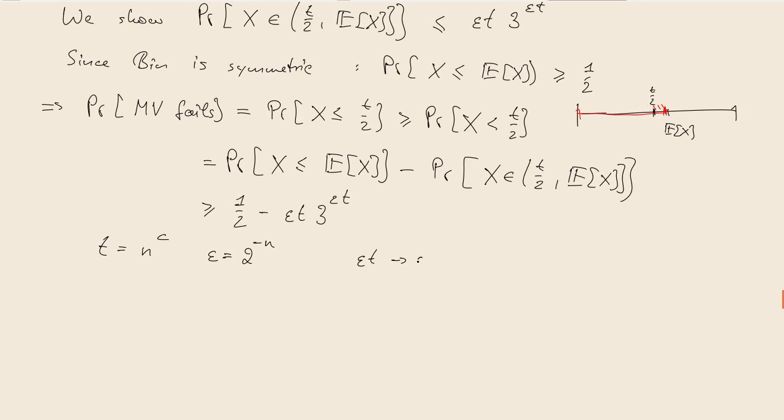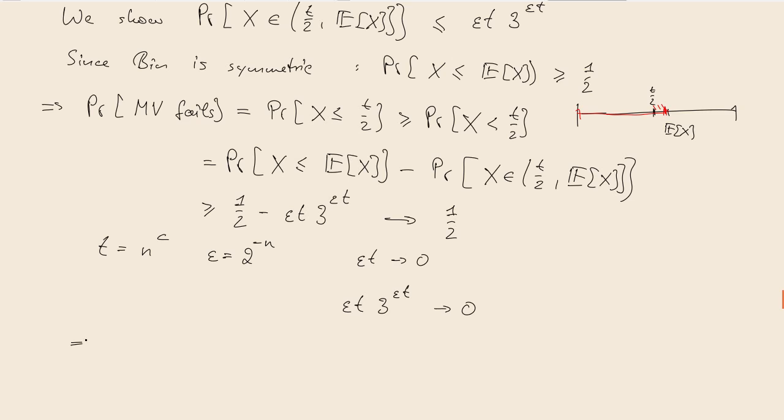epsilon t goes to 0 because just this dominates the polynomial part. And then also this goes to 0 because this goes to 1, but then it's multiplied by 0. And then that means that this whole thing goes to 1/2.